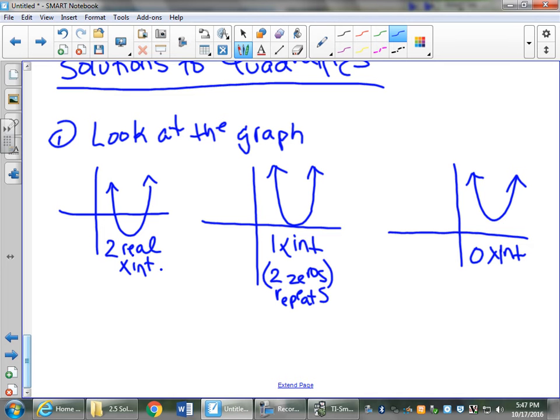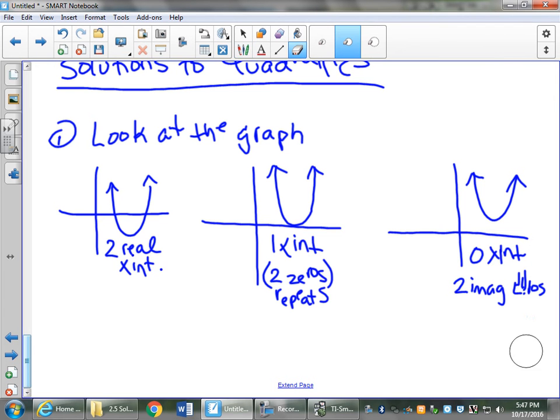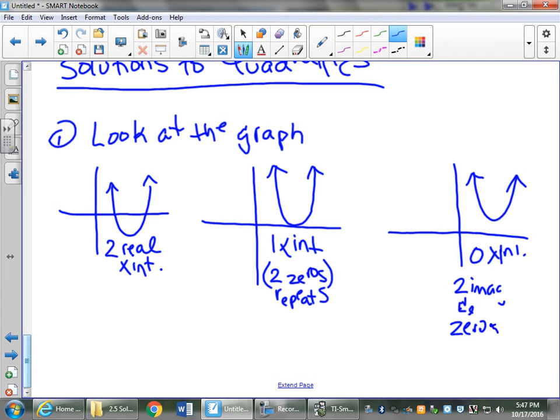It doesn't touch the x-axis. However, it has two imaginary zeros. Okay, so two imaginary zeros, or zero x-intercepts.